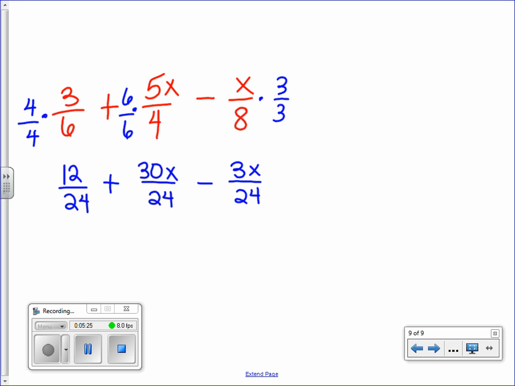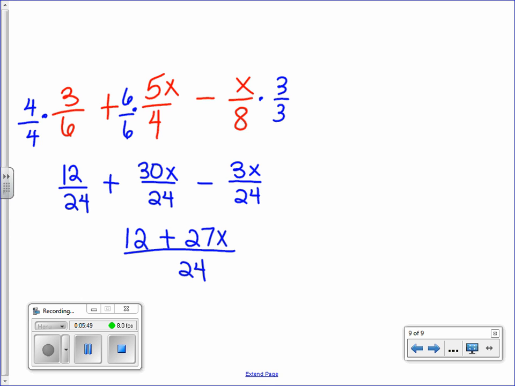So what do I have here? 42x? Why not? Exactly. These are not the same right here. So I'm going to just be able to do 12 plus 27x over 24. Okay. Now, this is a fraction that will reduce.